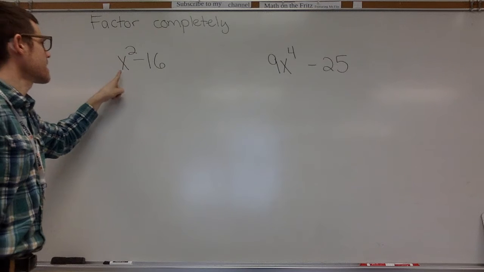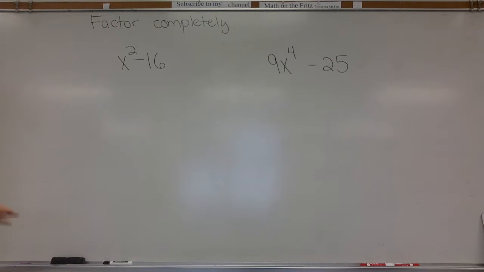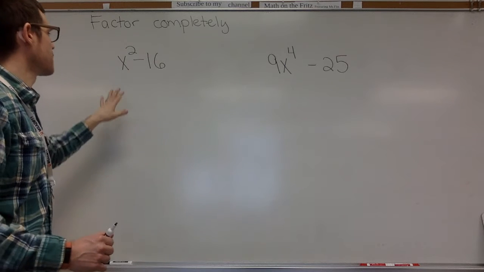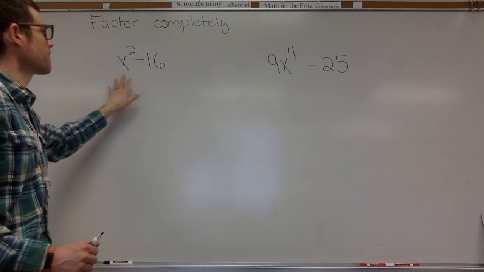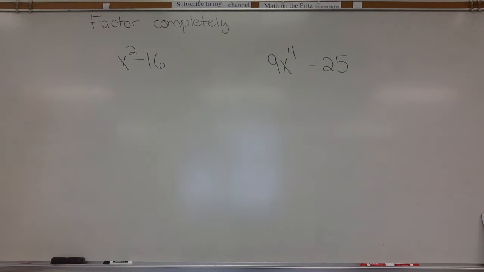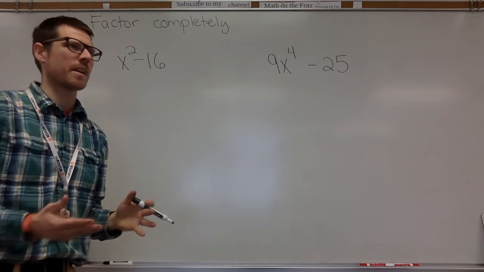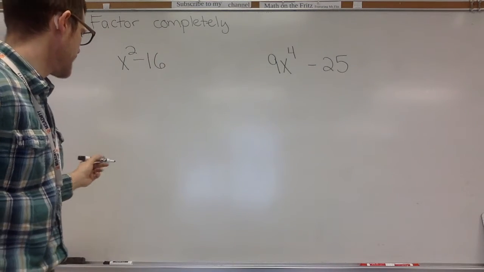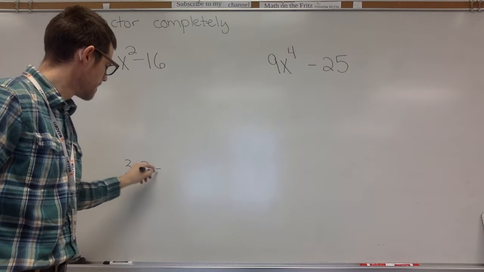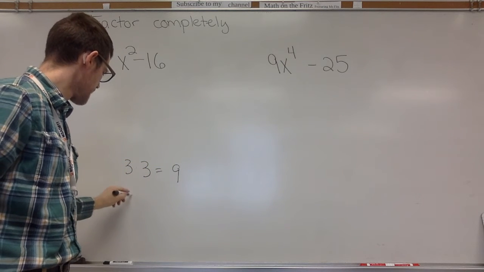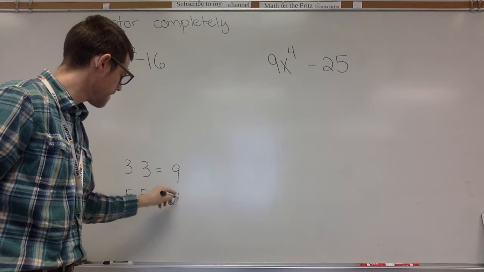But when we see that it's a binomial, we have to ask ourselves, is it possible that both of these are perfect squares? Because if they're both perfect squares, then there is something special we can do. What do I mean by a perfect square? Any number times itself, like 3 times 3 is 9, 5 times 5 is 25.